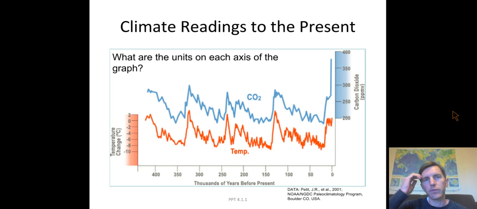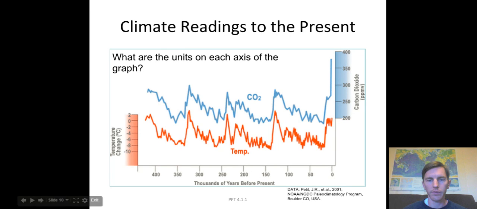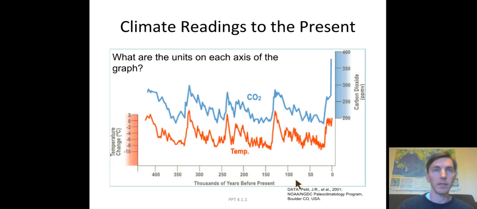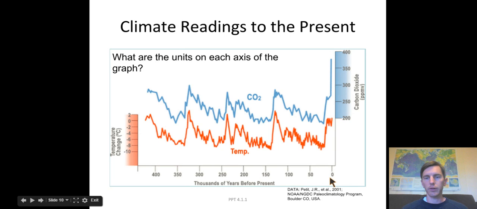Okay, so now that you've discussed that as a team, here's what I see for the units. First off, on the bottom, the label says thousands of years before present. Well, I know present means today, and so 0 years before today is today. So this 0 right here must represent today. The other numbers then must tell me how many thousands of years before the present these measurements come from.